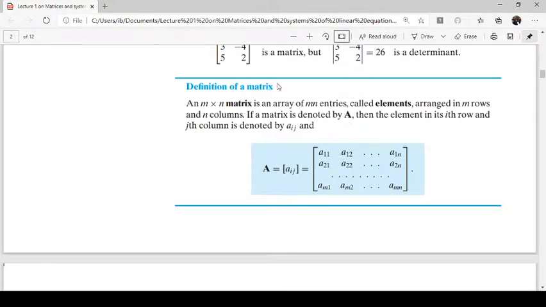Now, the basic definition: an m by n matrix is just an array of m times n entries called the elements, with m rows and n columns that you see here. So we say this matrix is an m times n matrix.